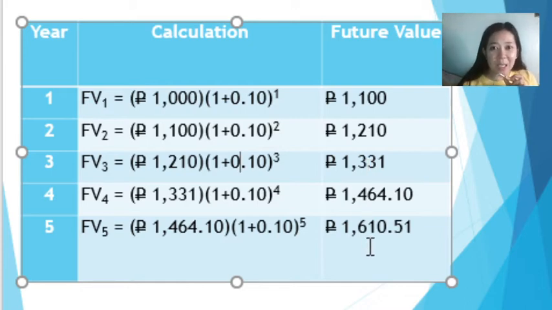In short, if you are the investor and you place your 1,000 pesos at an interest rate of 10%, after 5 years your 1,000 will become 1,610.51. That is the future value of 1,000 after 5 years, earning 10%.